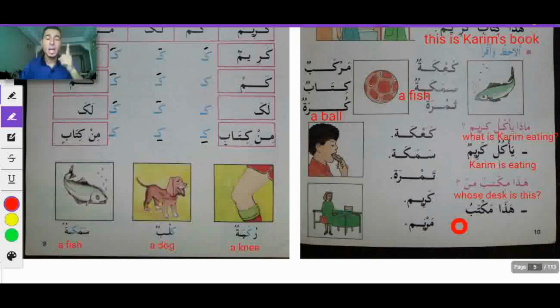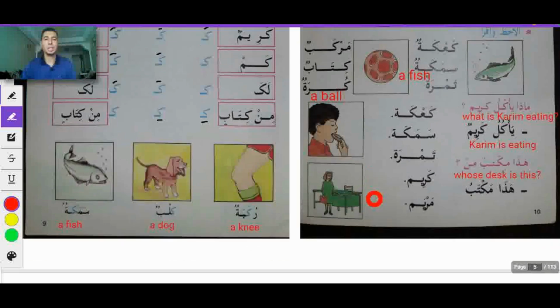We will say هذا مكتب مريم. إنه ليس مكتب كريم. It's not Karim's. إنه ليس مكتب كريم. إنه كتاب مريم.